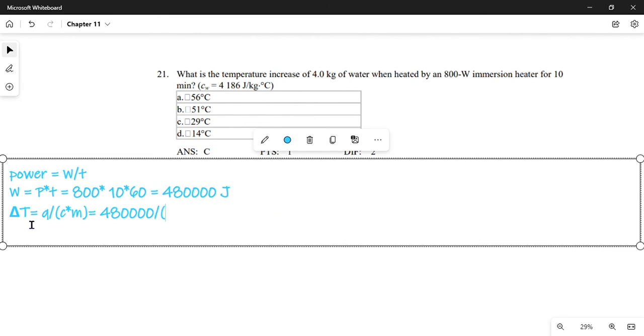Q is the work done over the specific heat capacity, which is 4,186, times the mass, which is 4 kilograms. All of this equals approximately 29 degrees Celsius.